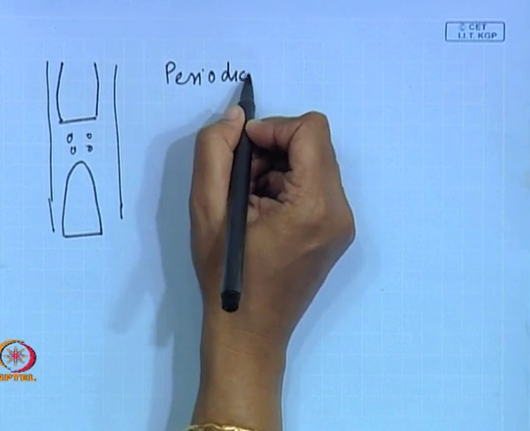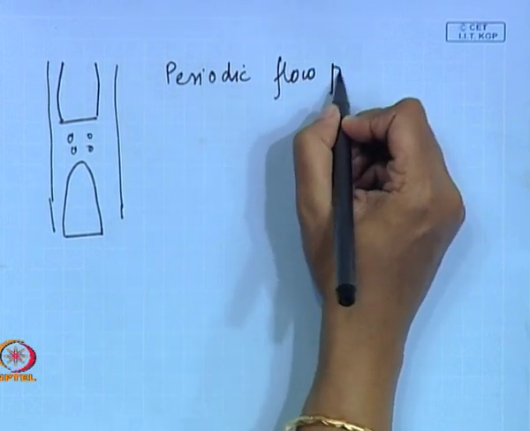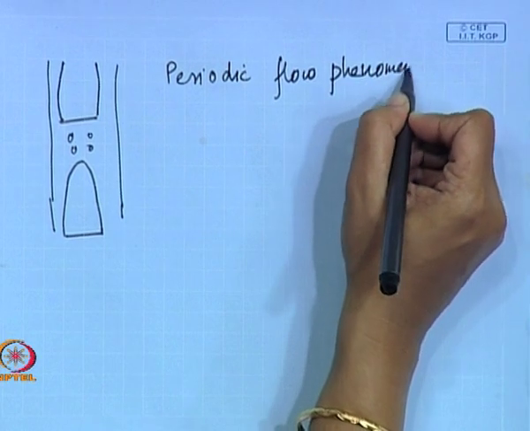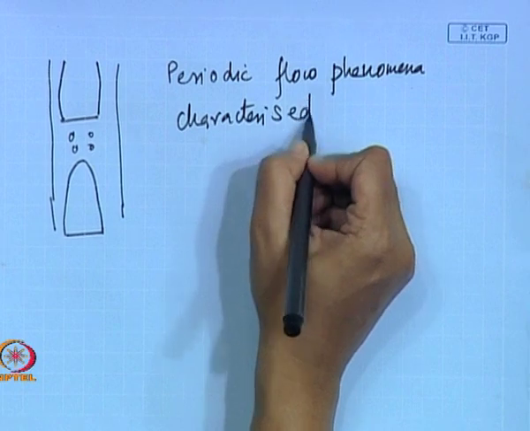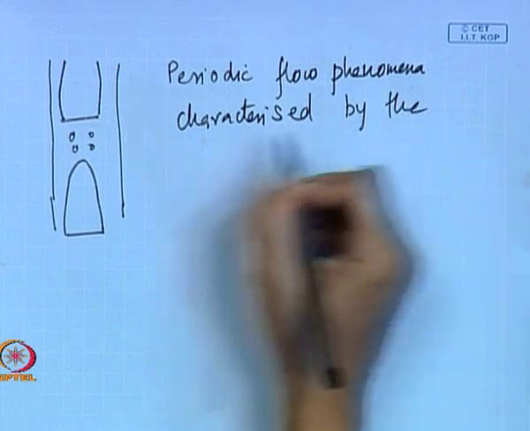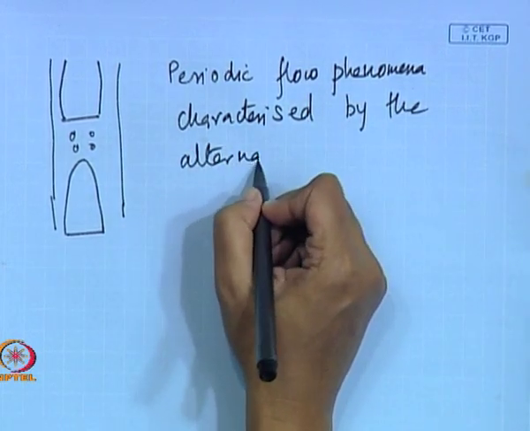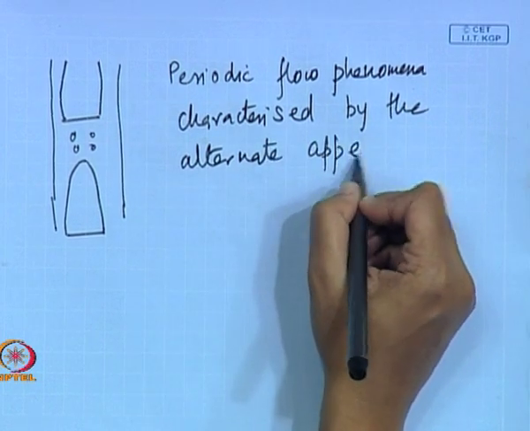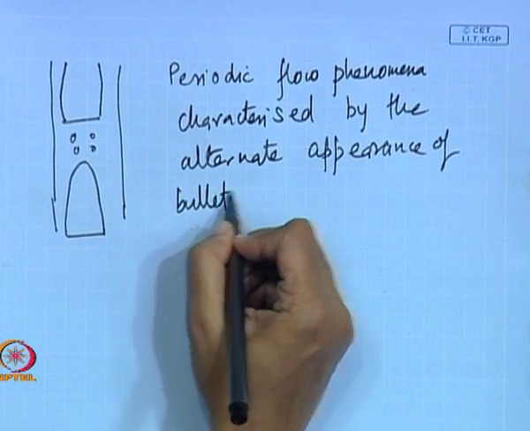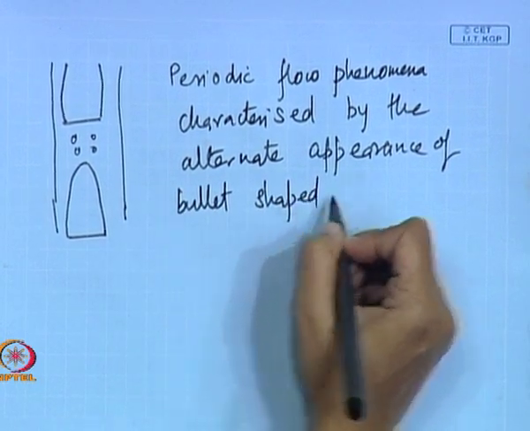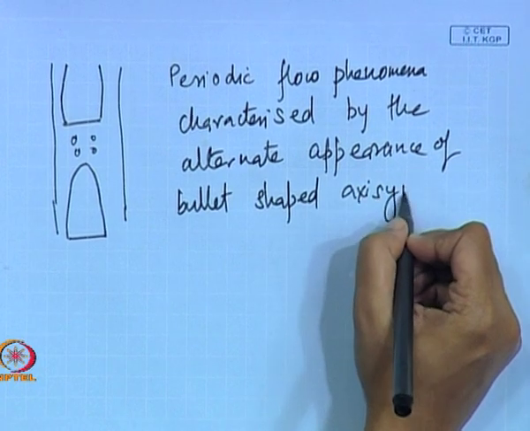So, therefore, the main characteristic of this slug flow pattern is the periodic flow phenomenon or the intermittent flow phenomenon, and this is characterized by the alternate appearance of bullet shaped axisymmetric, this is very important, Taylor bubbles.